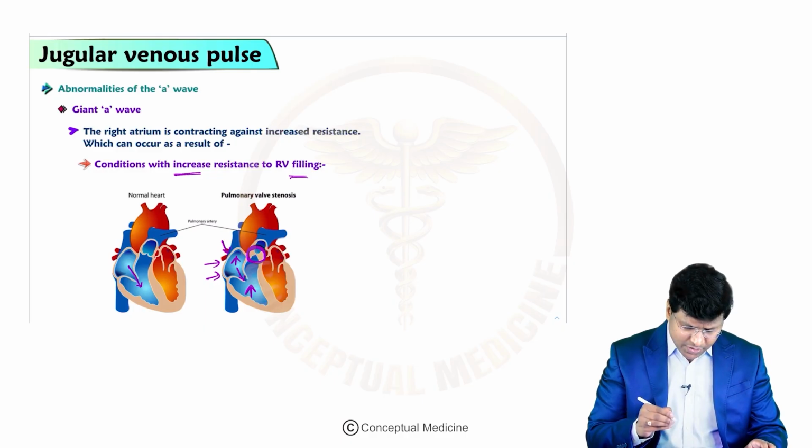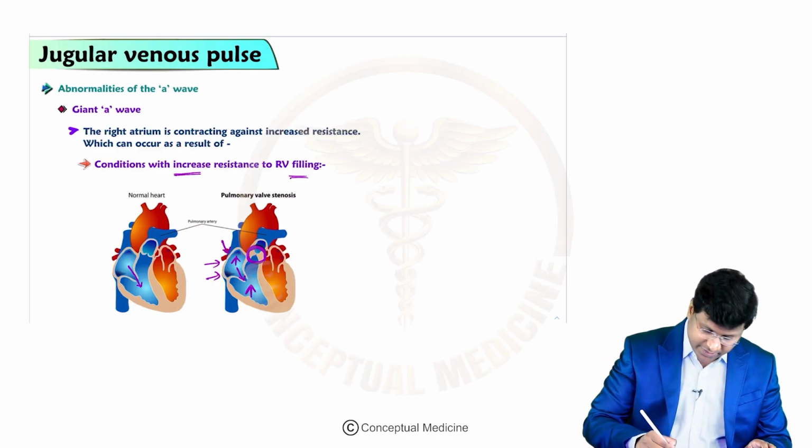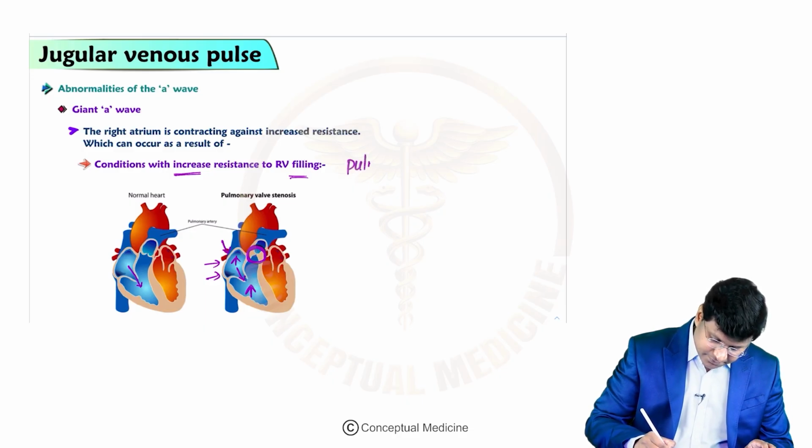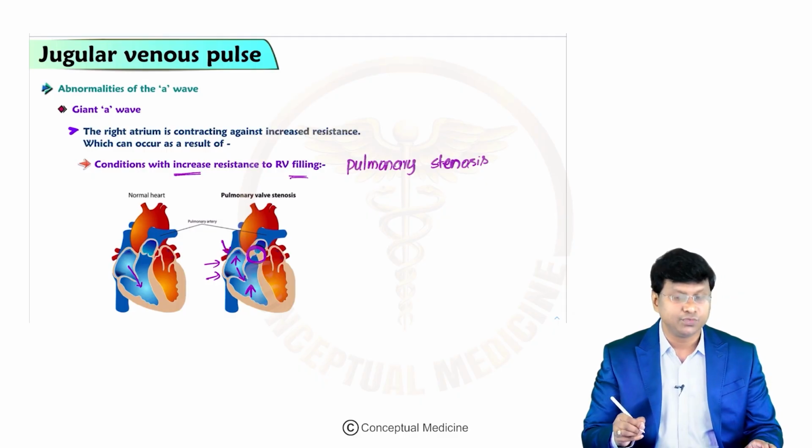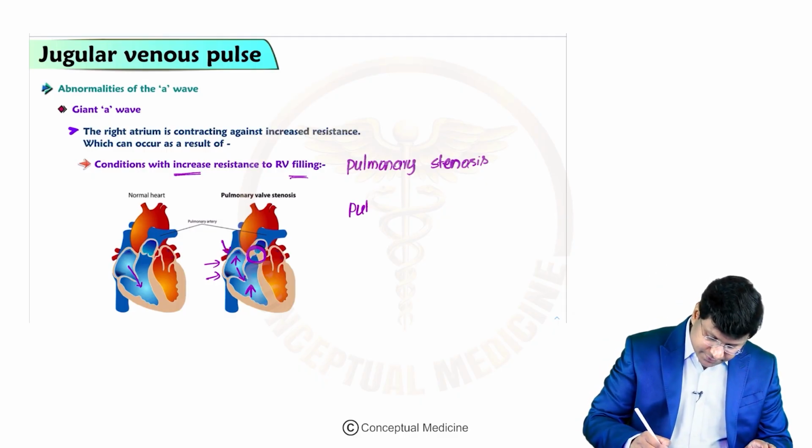So, conditions with increased resistance to RV filling include number 1, pulmonary stenosis, and number 2, pulmonary hypertension.